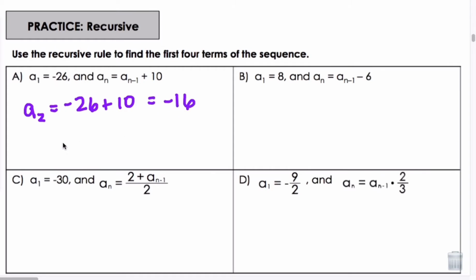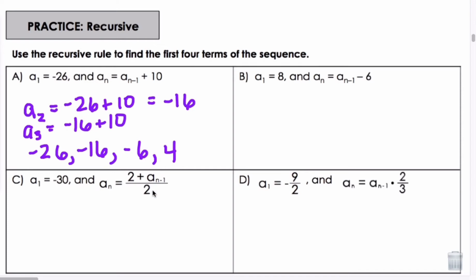And you're going to substitute in for each one. And I'm looking for the first 4 terms. So the first term is negative 26, second term is negative 16, and then if I substitute this previous term into the formula, this is what you should get, negative 6 and 4. Okay, so you would just substitute it in again, and you would see you get negative 6.